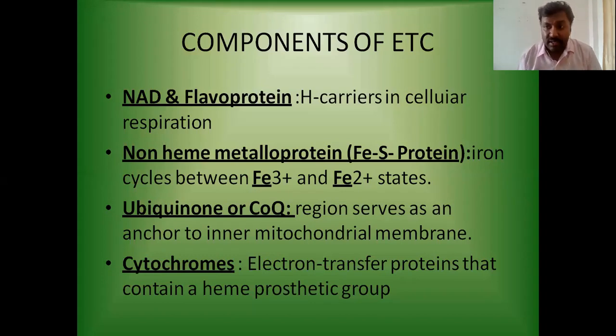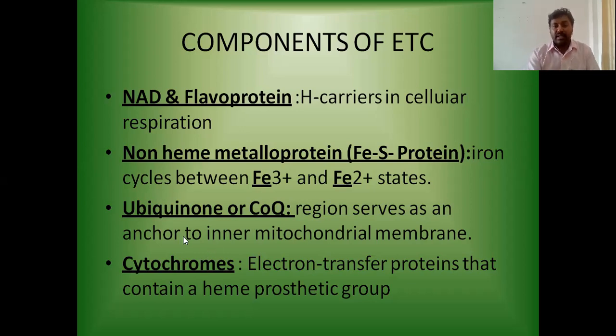As I said already, multiple carriers are involved in the electron transport chain: NAD and flavoproteins, nicotinamide adenine dinucleotide and flavoprotein, and non-heme metalloproteins, which are iron sulfur proteins. This iron cycles between 3 plus and 2 plus states, compared with hemoglobin and myoglobin.